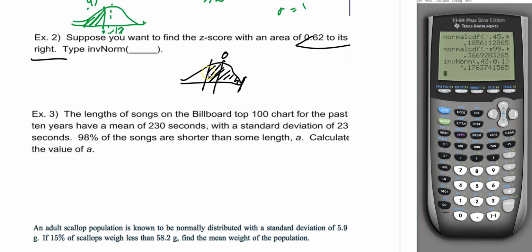And again, I cannot use invert normal that way, because if this is 0.62, I gotta find the other side. And the other side is going to be 1 minus that. So 0.38. So we're going to invert normal with that. Let's give me my value here. 0.38. Hit enter. And I get about -0.305, which again makes sense because this is 0, so we should be left, we should be negative.